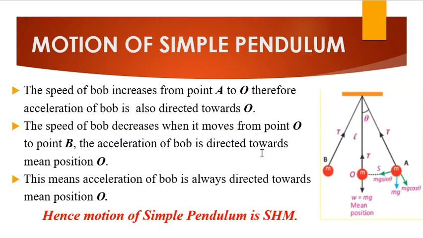So the acceleration of the bob is also directed towards the mean position. You can see in both cases the acceleration of the bob is always directed towards the mean position, and this is the basic definition of simple harmonic motion. We discussed last time that in a simple harmonic motion, the acceleration of the object is always directed towards its mean position. Hence we can say that the motion of a simple pendulum is a simple harmonic motion.